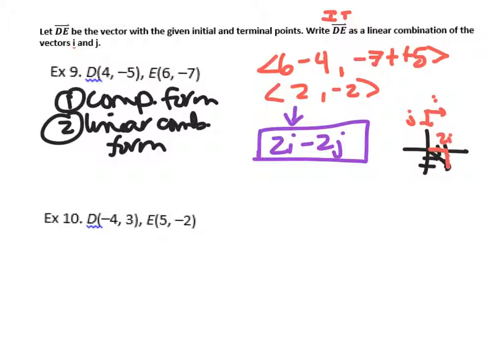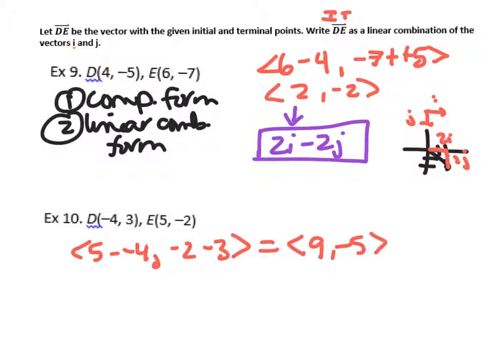If I'm going down, that's minus 2j. So same thing on number 10. I'm going to do the terminal minus my initial. That's going to give me 9 comma negative 5. And in linear combination form, that's 9i minus 5j.